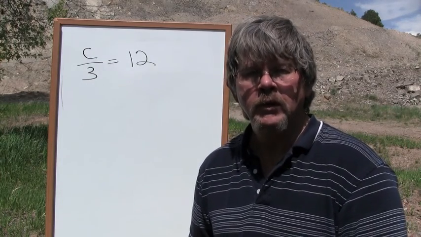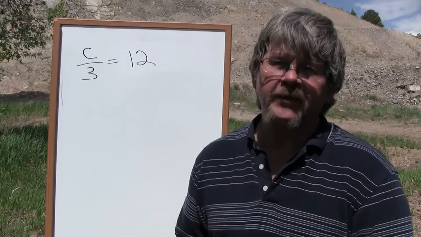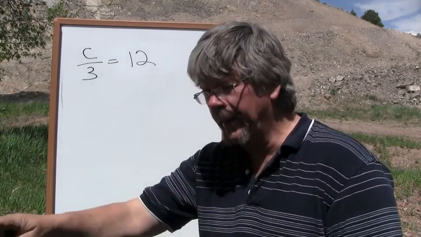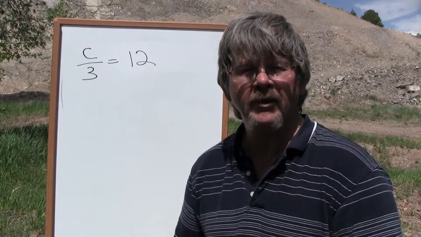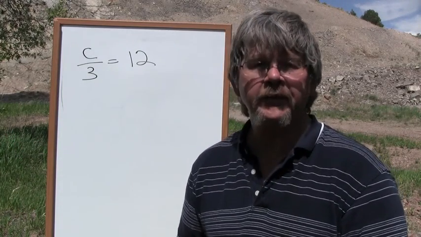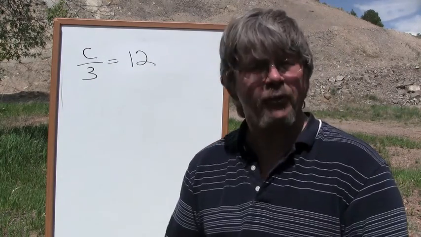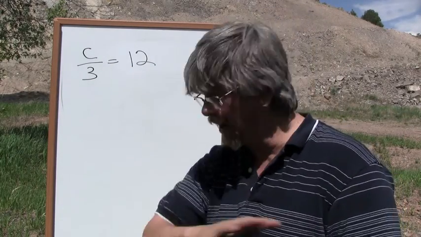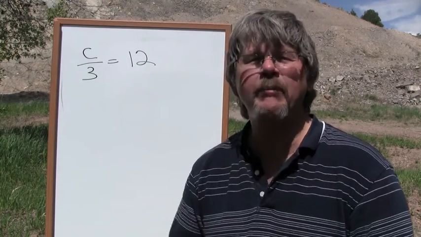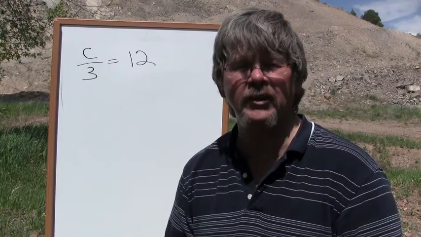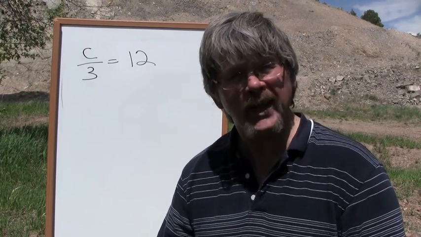Now, if someone multiplied something to your variable, you divided to isolate the variable. In this instance, someone came along and divided my c by 3. I don't want it divided by 3. I want c by itself. How do you undo the division? Through multiplication.